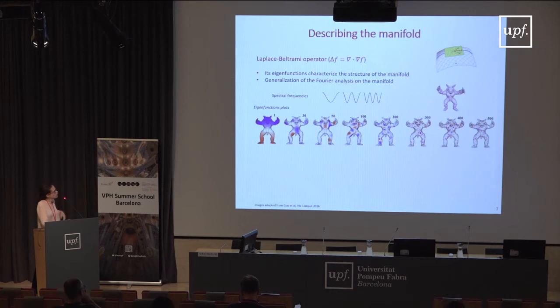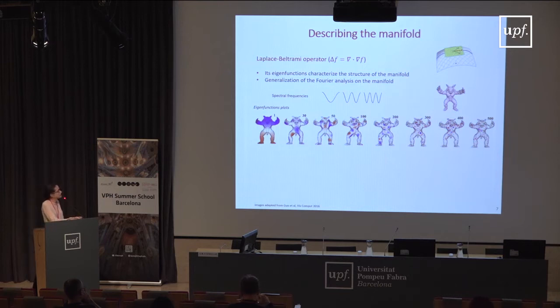So for example, let's consider this surface. A surface can be seen as a manifold. And here we can see how successive eigenfunctions look, no? And we see that it progressively oscillates more and more. So more on the left, there is the first non-constant eigenfunction, then the 30th, and to the right, the eigenfunction corresponding to 500.